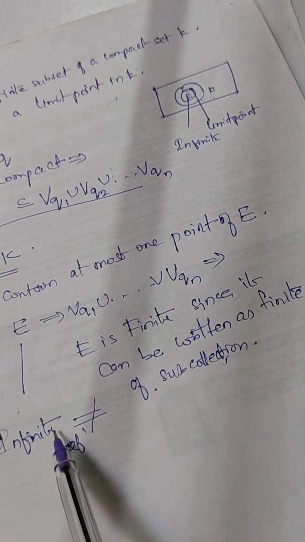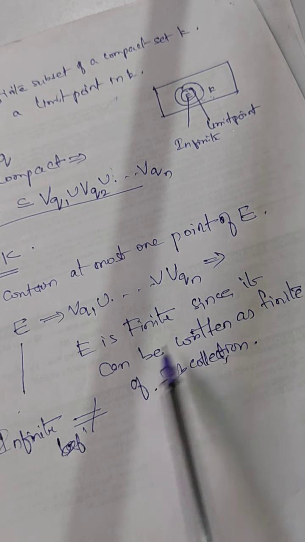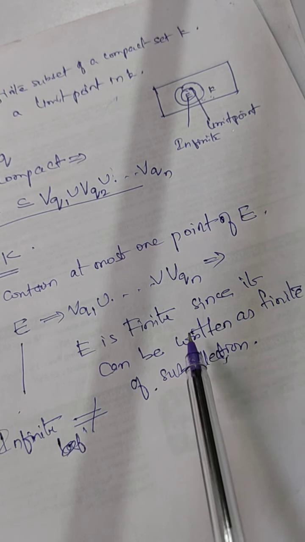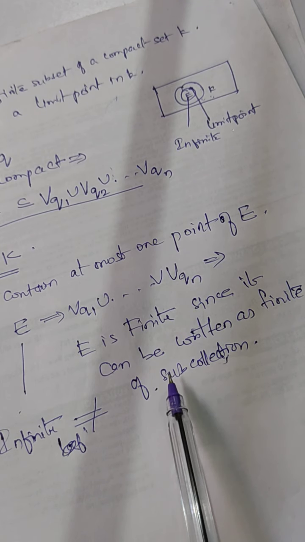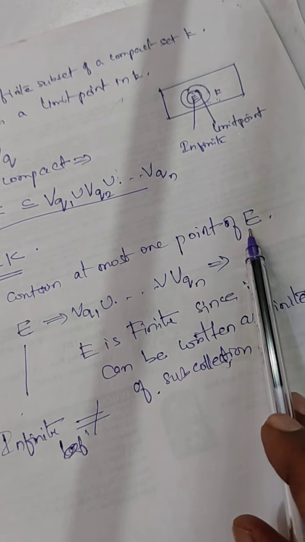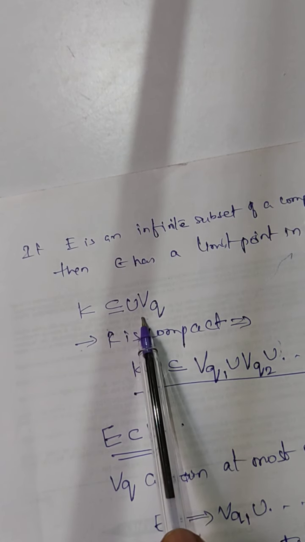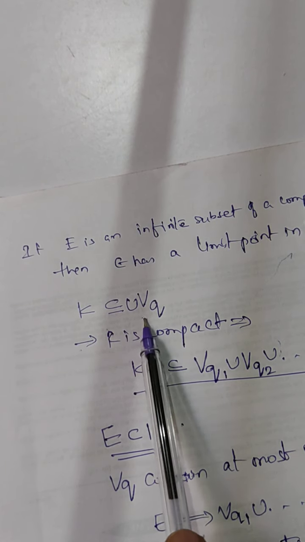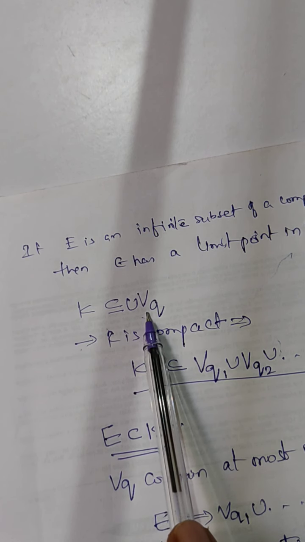So what we know is that E cannot be written as a union of a finite subcollection. Hence there are some points of E which exist in the open cover, the union of V alpha, which is not finite, it could be infinite. Hence from this we can say that E has a limit point in K.